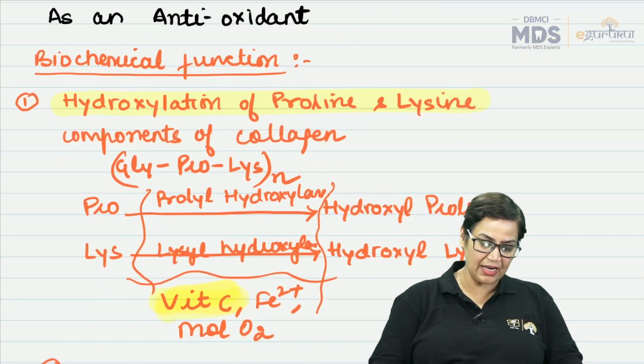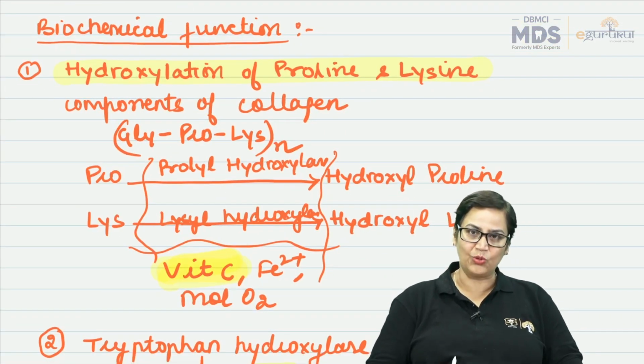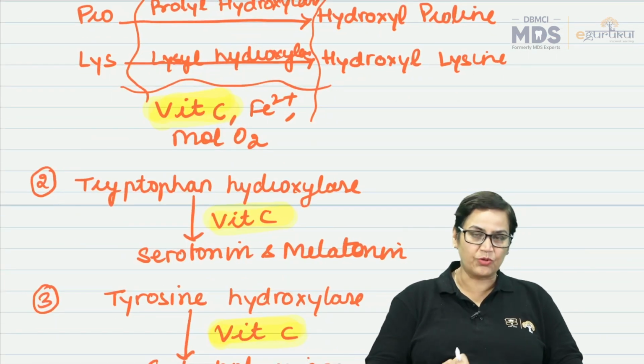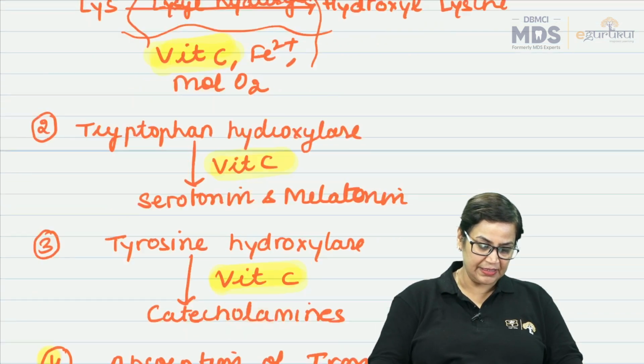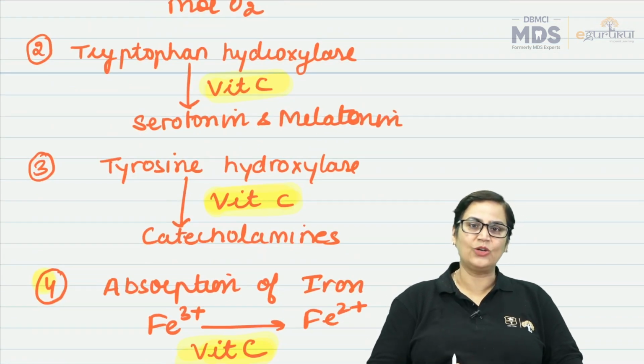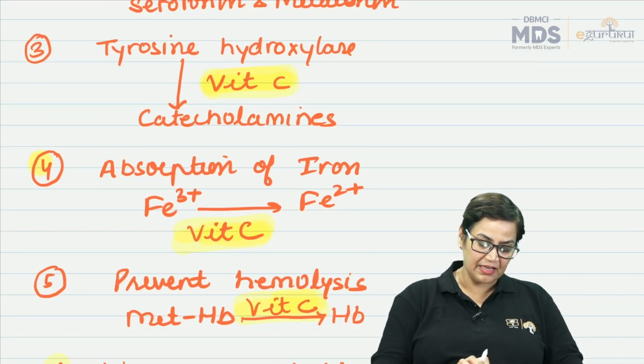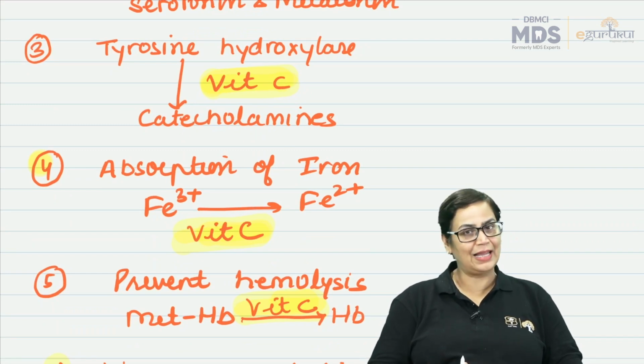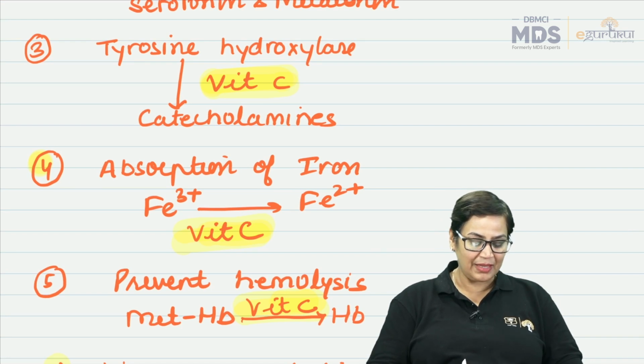And the functions are hydroxylation of proline and lysine, as a component of tryptophan hydroxylase, as a component of tyrosine hydroxylase, helps in absorption of iron, and it prevents hemolysis by converting methemoglobin to hemoglobin.